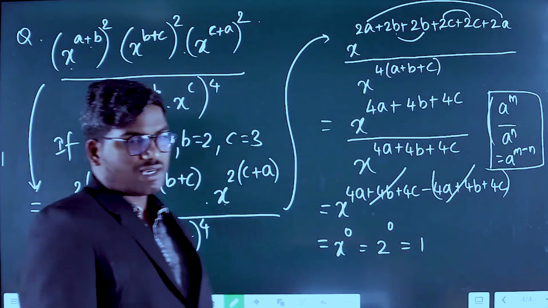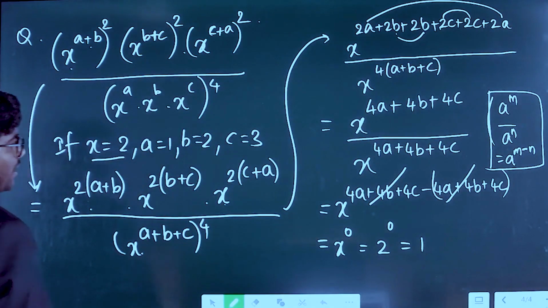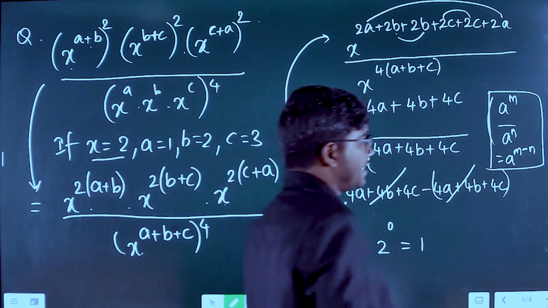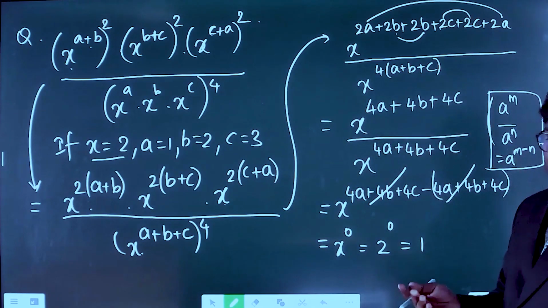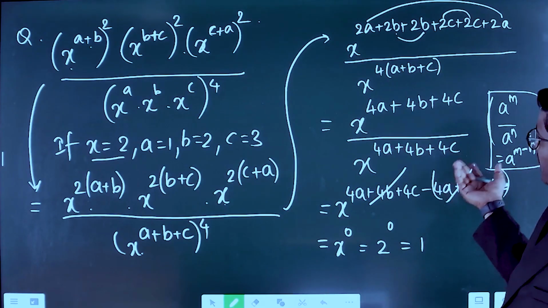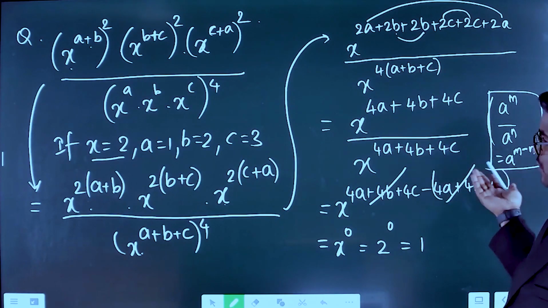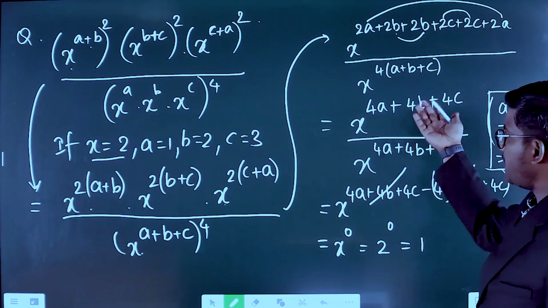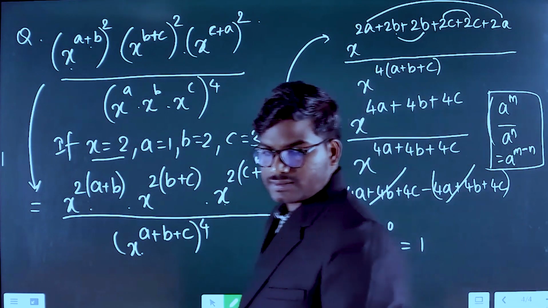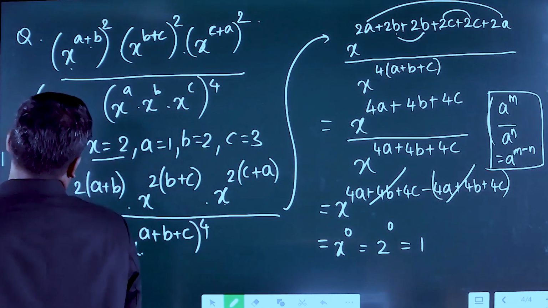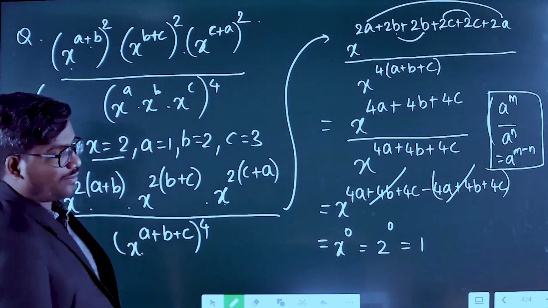Even if you substitute the values and solve, it's the same thing that happens anyway. We are cancelling out the a, b and c. You'll cancel out, say, 4 into (a plus b plus c) is 24, and you'll cancel out x power 24 by x power 24, that is 2 power 24 by 2 power 24.